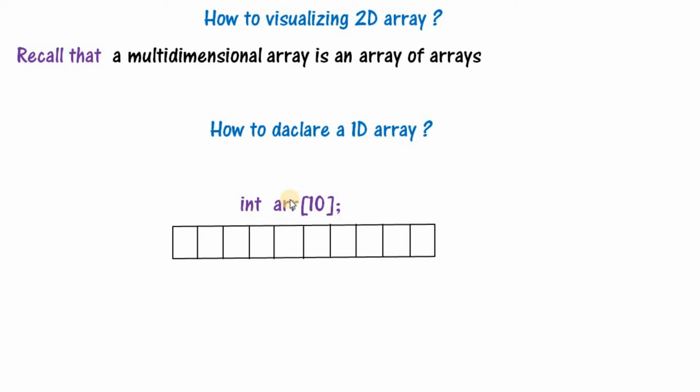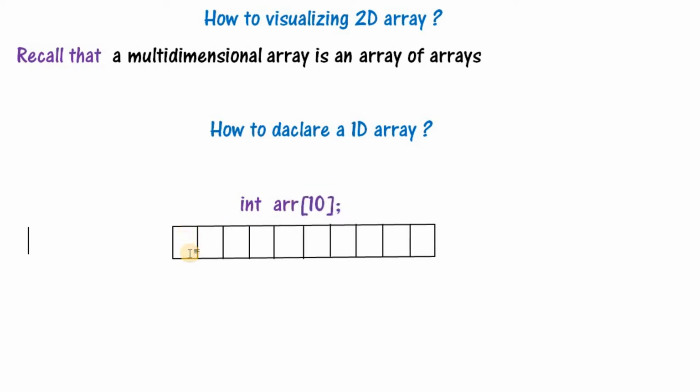We can declare a 1D array using this statement. You have to specify the data type, the name of the array, and just a single size you have to mention. And how can we visualize a 1D array?